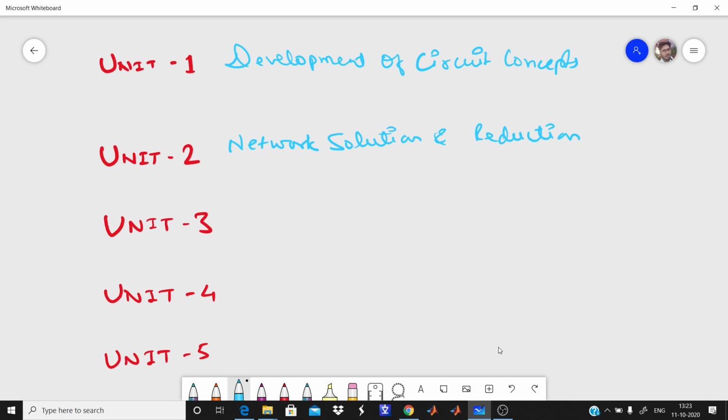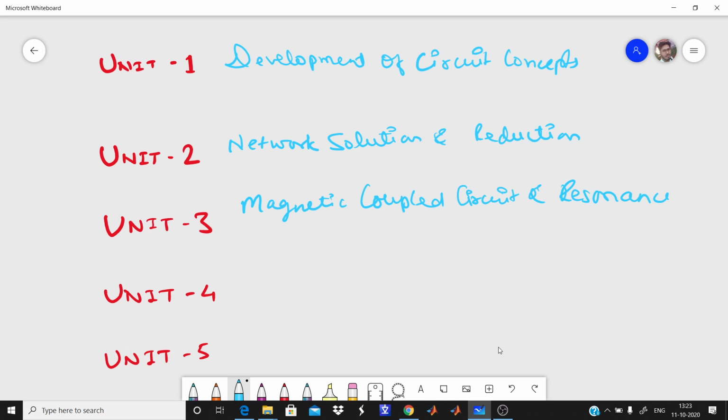And in unit number 3 you have to study magnetically coupled circuits and resonance.